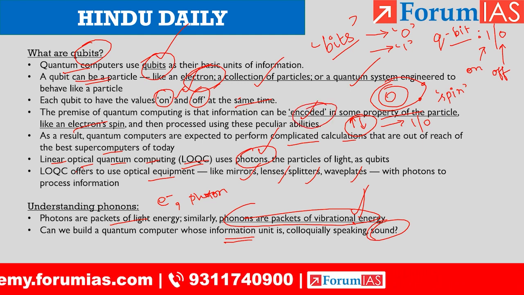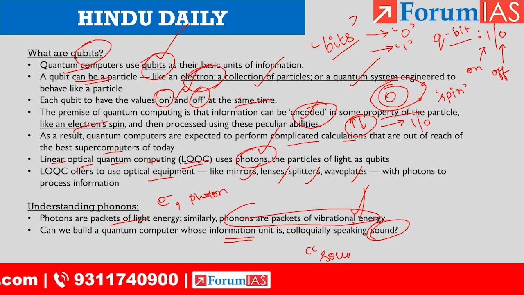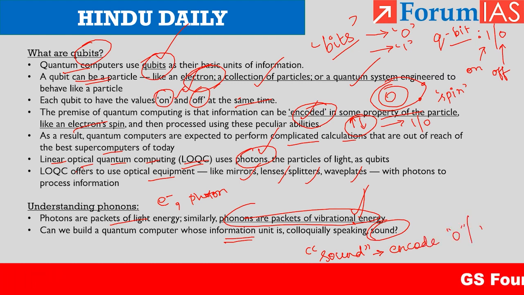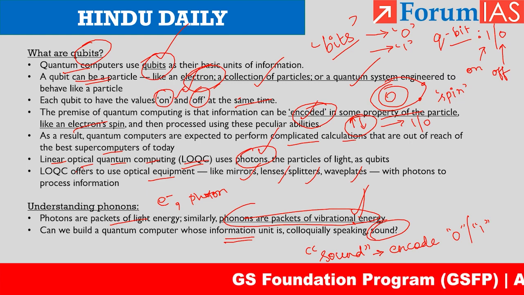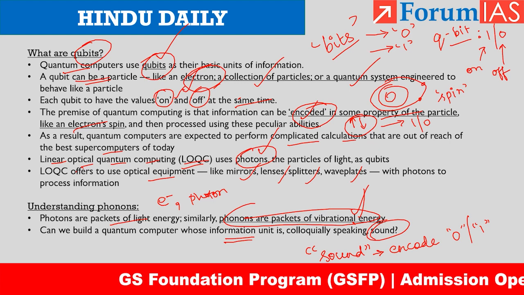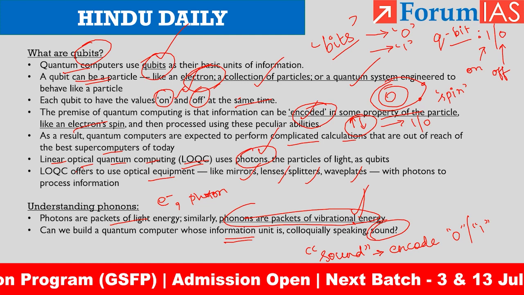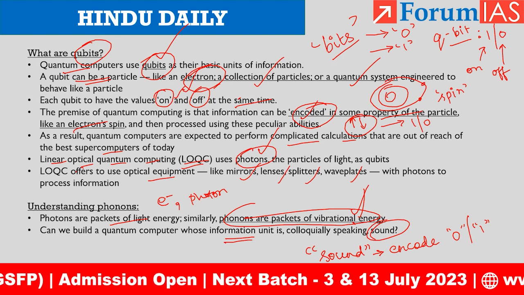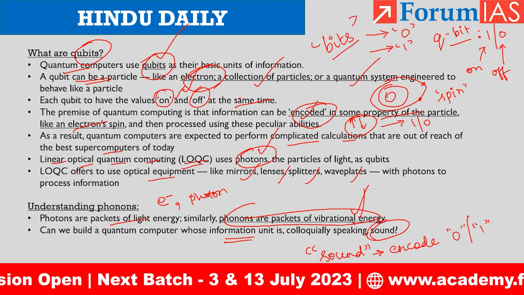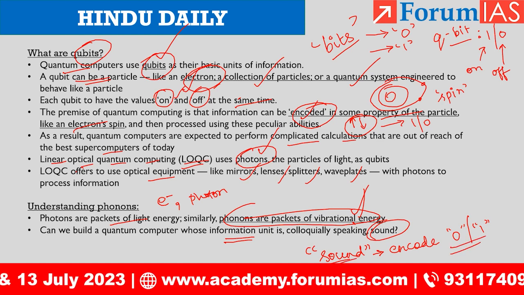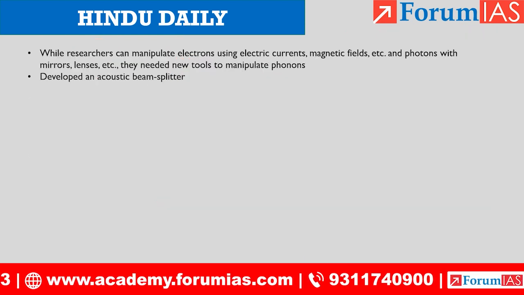Similarly, can we use sound to encode 0 or 1? That is what happens when we try to use phonons in quantum computing. Can we use sound to encode 0 or 1? That is phonon based quantum computing.